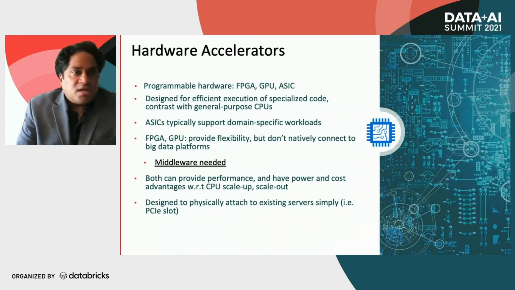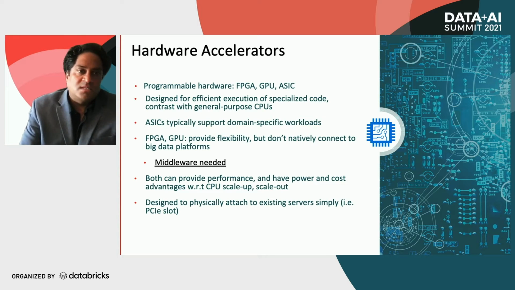But our subject today is to take performance to the next level. And that's where hardware acceleration comes in. Hardware acceleration, in a nutshell, involves running our analytics on what I'm calling programmable or specialized hardware. So field programmable gate arrays, FPGAs, graphics processing units, GPUs, and application-specific integrated circuits, ASICs, is another approach.